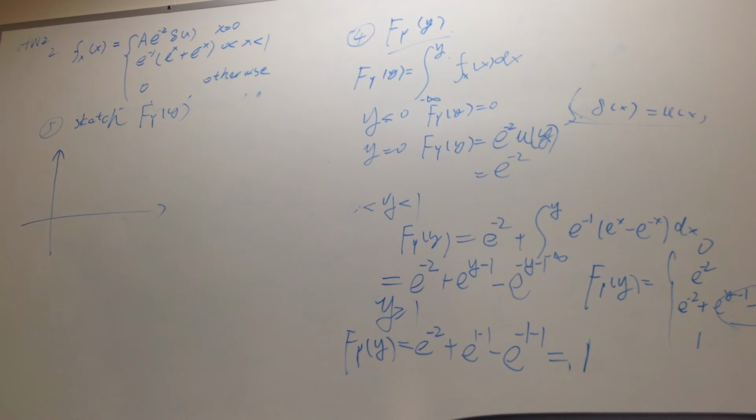By using MATLAB, we can figure out F_Y(y): when y is less than 0 it is all 0, when y equals 0 this one equals e minus 2, and when it is more than 0 it rises, and when y approaches 1, this one is nearly 1.